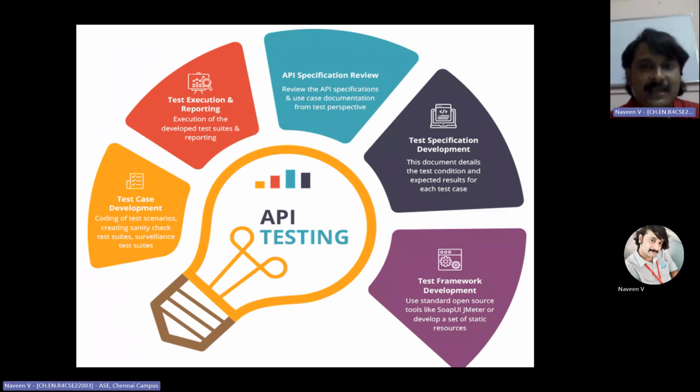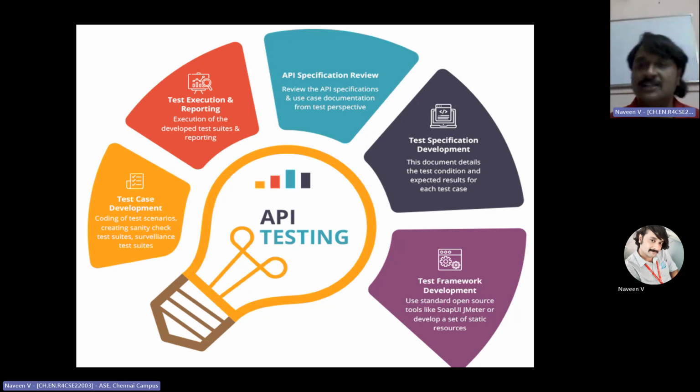So what is API testing? In API testing, we develop different test cases, like coding of test scenarios, creating sanity check test suites and surveillance test suites, and test execution and reporting, which is nothing but execution of the developed test suites and reporting. API specification review means reviewing the API specifications and use case documentation from the test perspective.